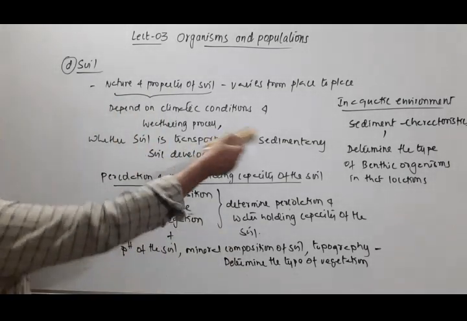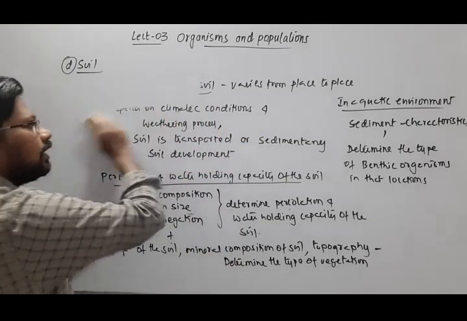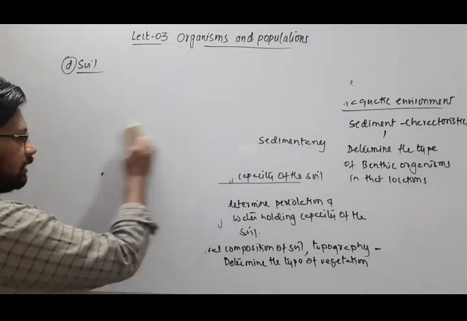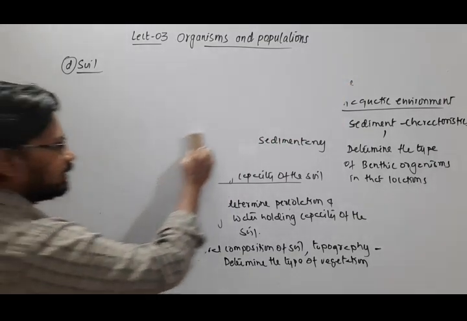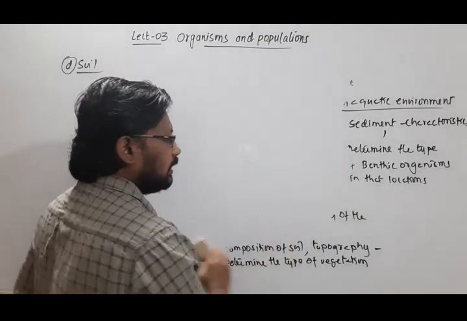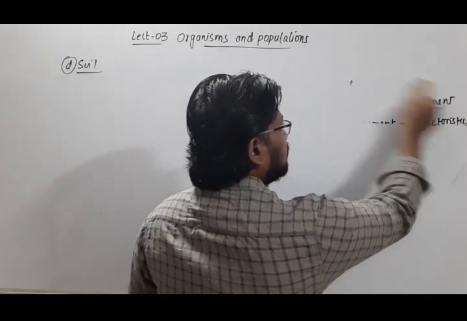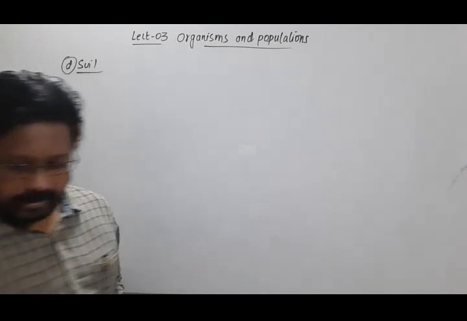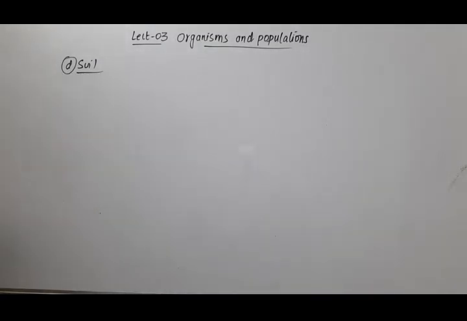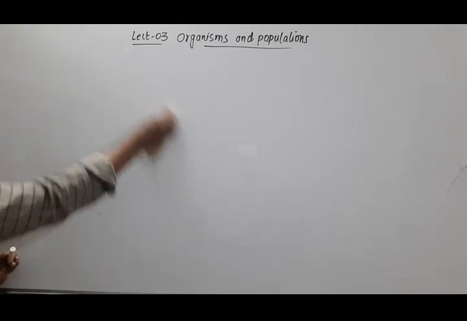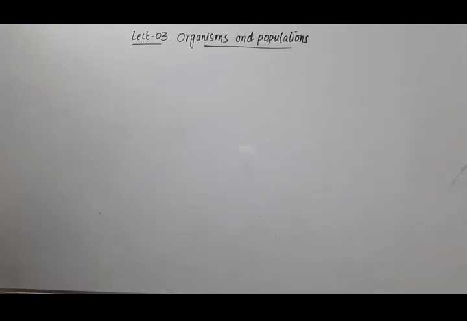The sediment characteristics, that is the soil we see in aquatic environments like ponds, rivers, and lakes, and what kind of soil is seen, will determine the presence of benthic organisms. So that's all about the four abiotic factors: light, temperature, water, and soil.